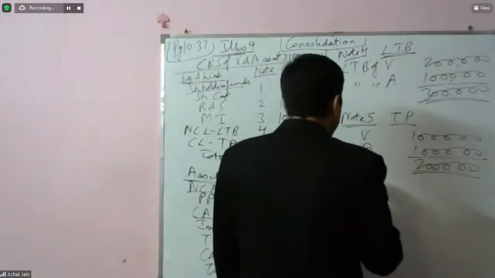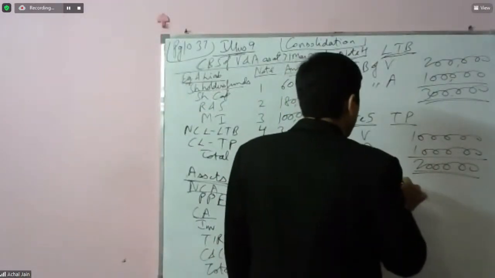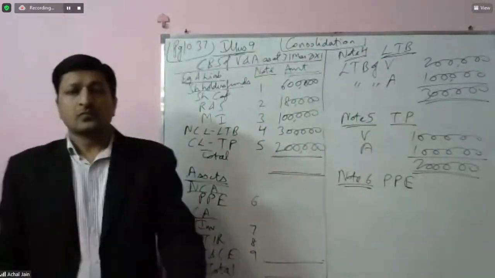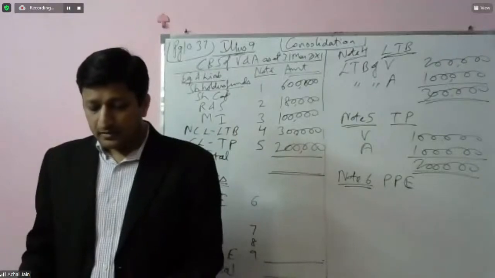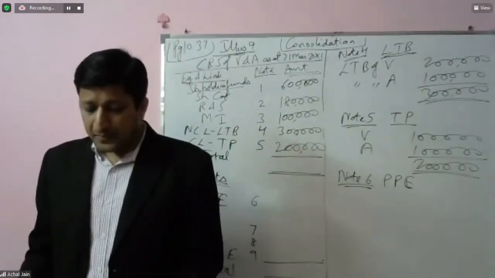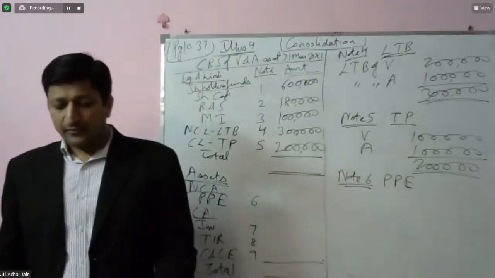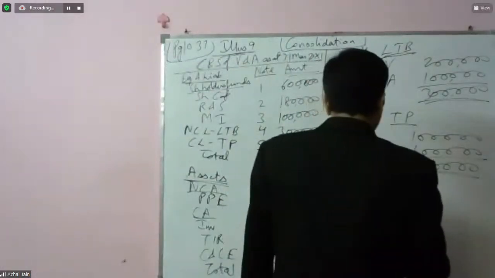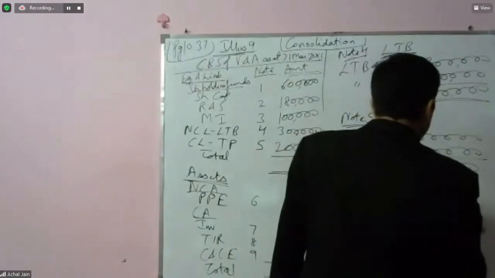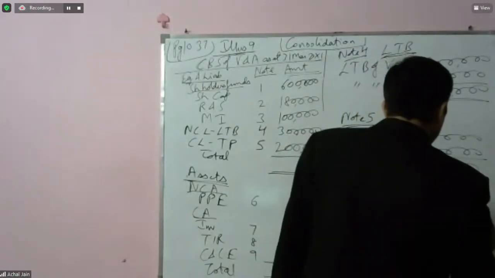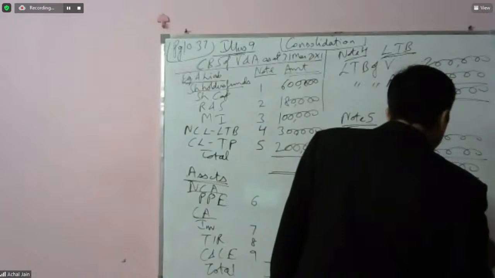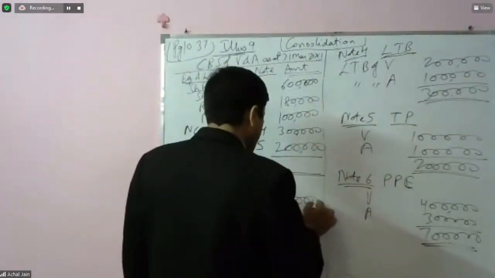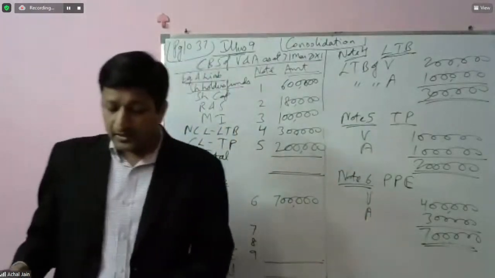Note number 6, property, plant and equipment. Here again, you can see that PPE of B and A are 4 and 3 lakh. Now it's only an addition. We don't have any adjustments over here.